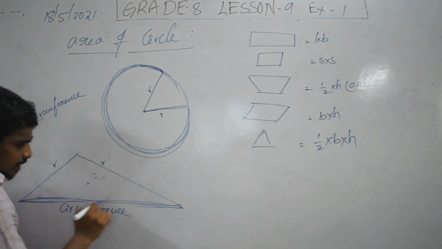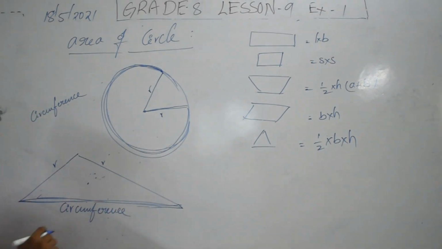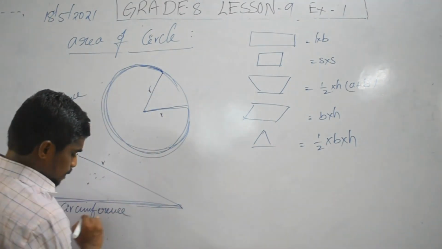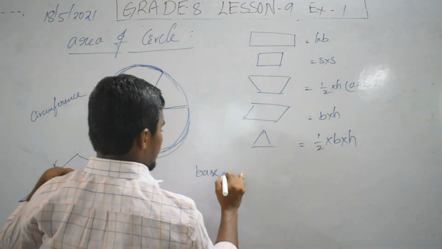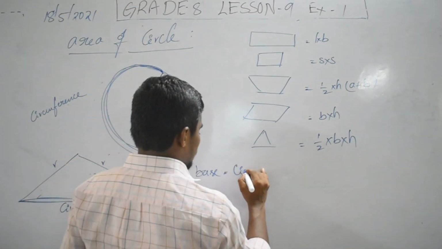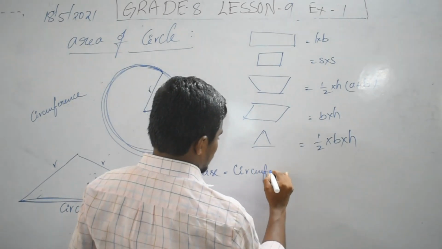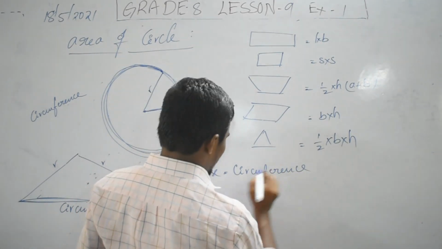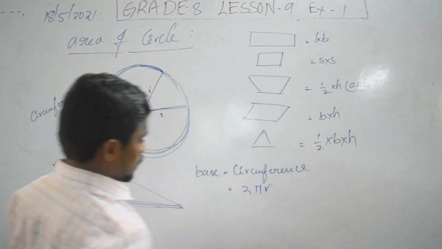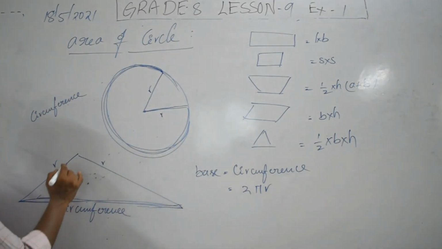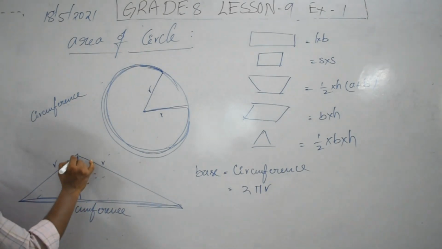So this is a circumference. Now here base is circumference. Circumference is 2 pi r.